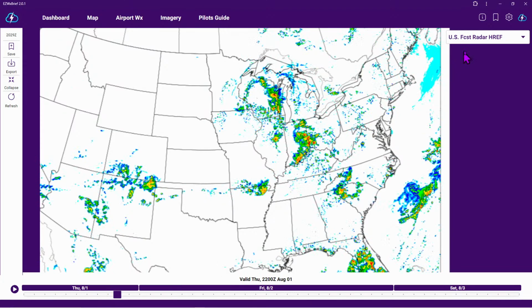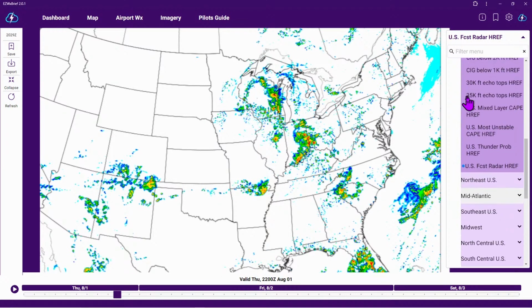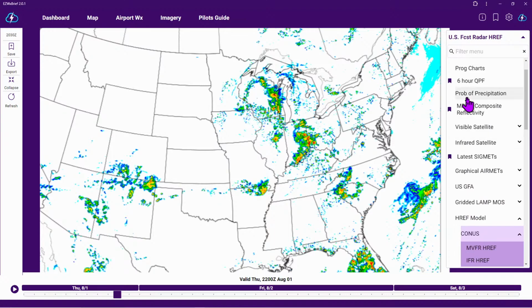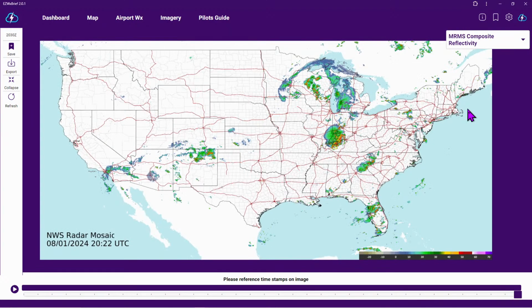And so now let's take a look at what's happening right now. We can look at the MRMS composite reflectivity. This is looking at 2022Z, so this is fairly close to the current time. And if we were departing out of this area, it does show that there's an area up near Pennsylvania. We saw that on the 30,000 foot echo tops forecast.